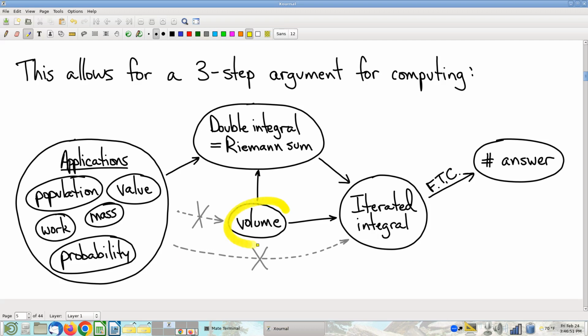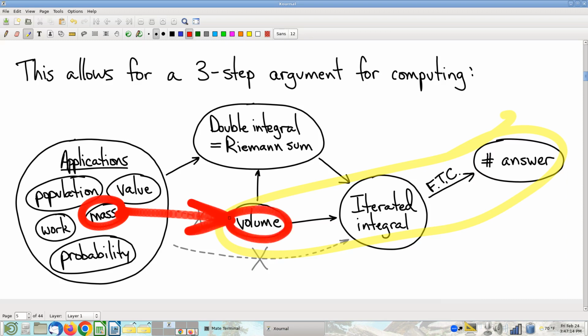We started off by asking, hey, how do I compute volume under a graph? We wrote down an iterated integral, which we compute with the fundamental theorem of calculus. So I'm going to say this part of the diagram was what we did first. The frustration we have with this business is that it's kind of done. We can't do anything else with it because, for example, mass is not volume. Right?